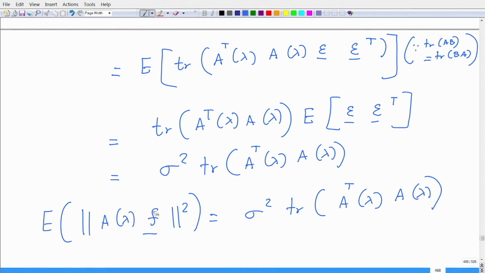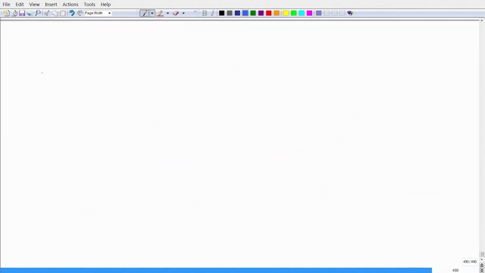Well, this should be an epsilon, not f. So, we will make the small change here. So, therefore, I can simplify the expectation over r of lambda to be this quantity which is given as follows.